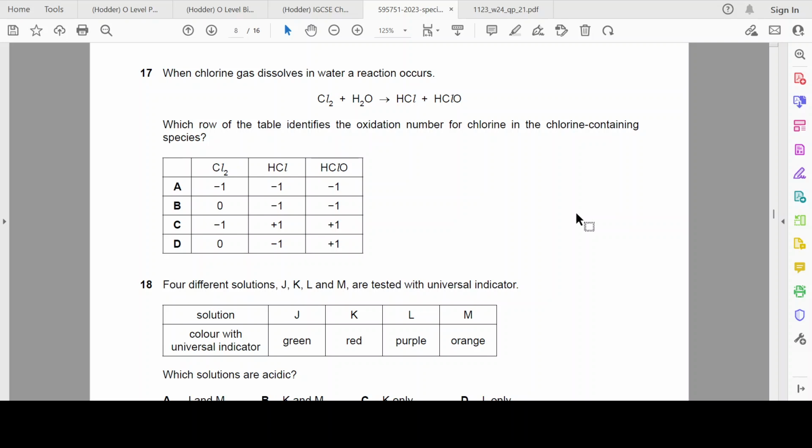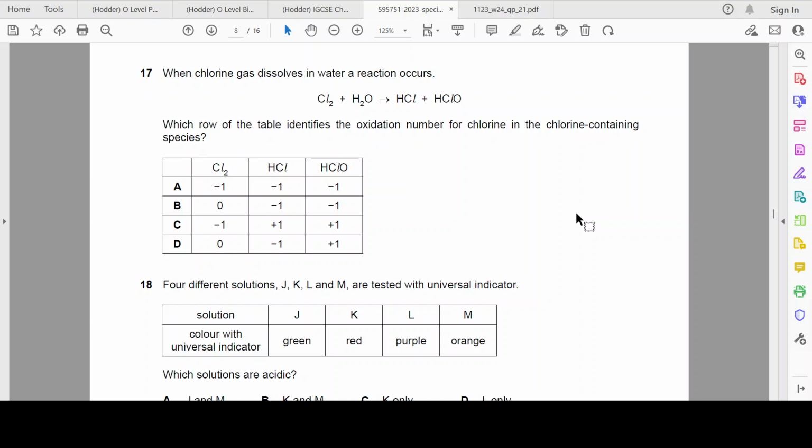This one is slightly tricky. Oxidation number meaning it's gaining or losing electrons, not in the sense of, right?